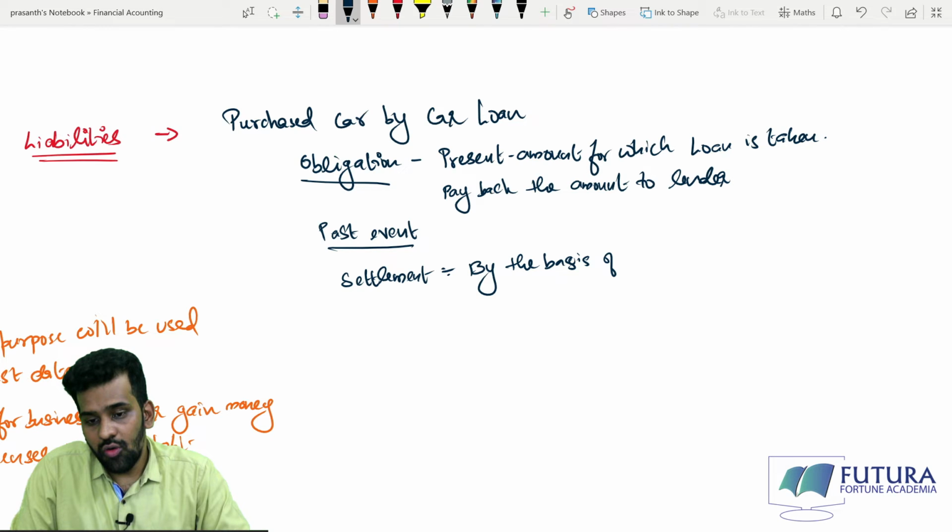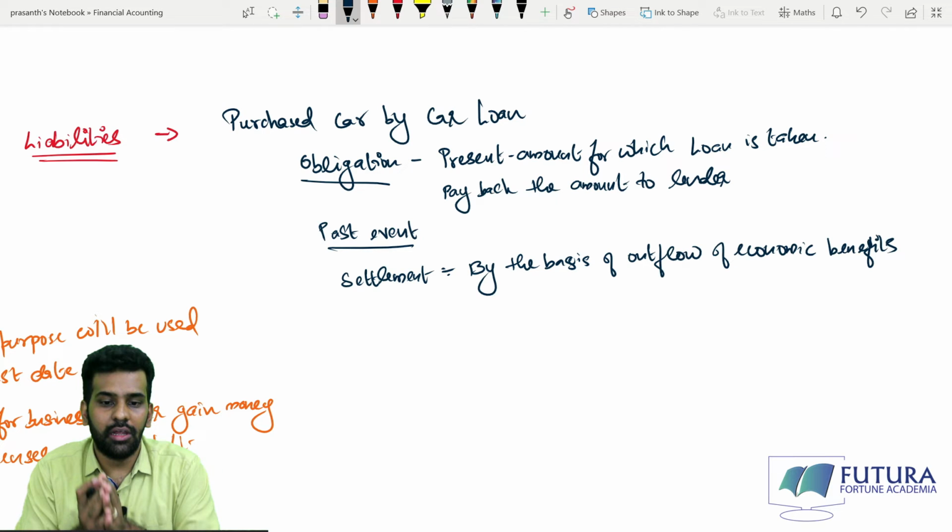So you will settle this particular loan amount only by either paying cash or giving back the car. So either way, you are losing a certain amount of money, economic benefit, out of your company. So when these three are present, then this is a liability.